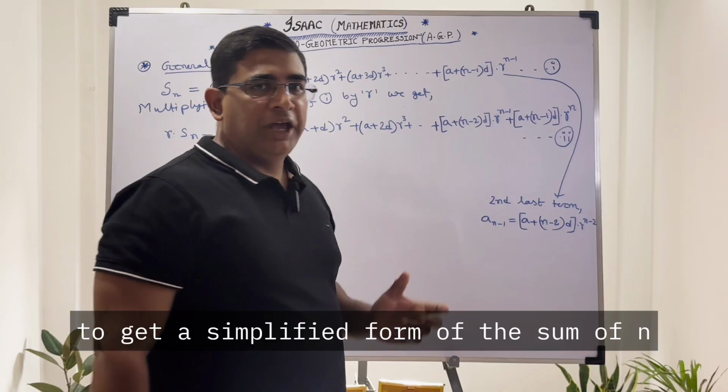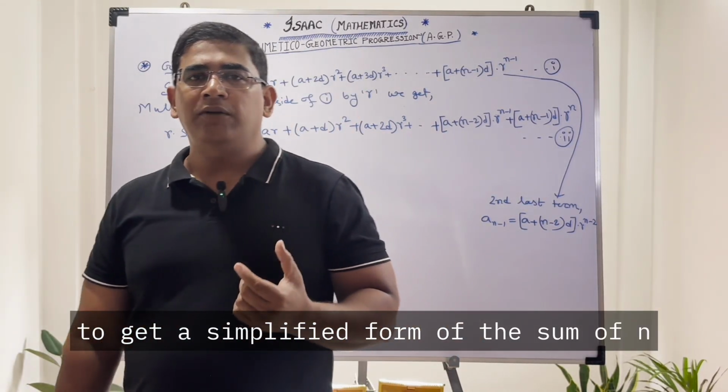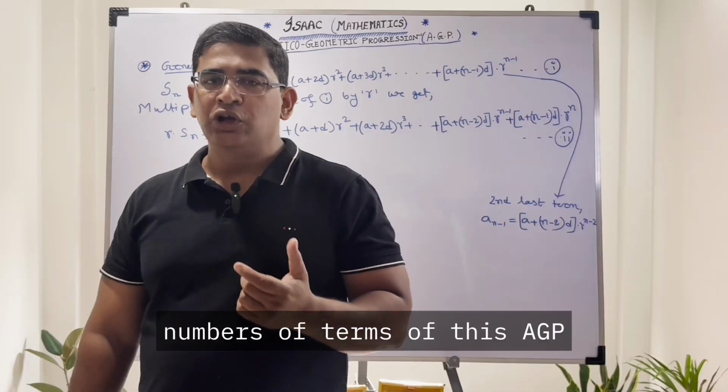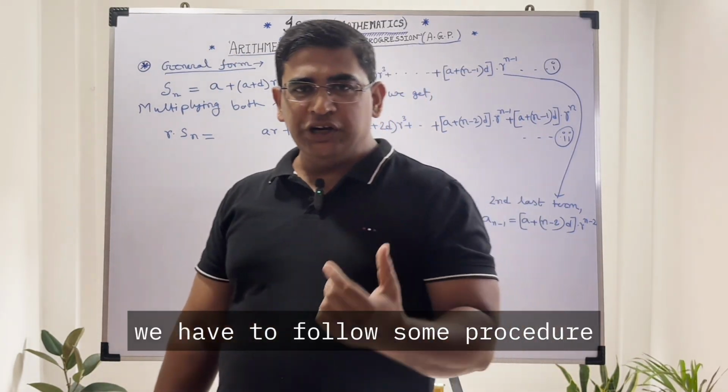Now to get a simplified form of the sum of n terms of this AGP, we have to follow some procedure.